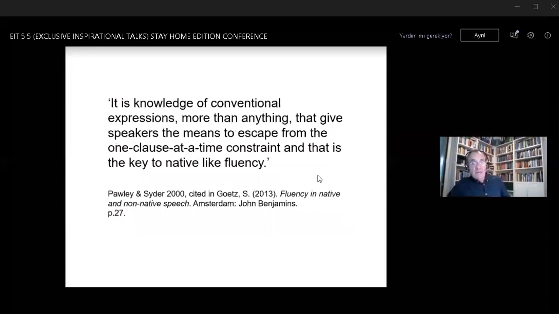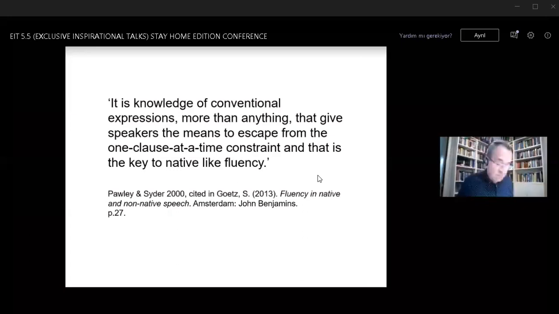So Pawley and Syder said in 2000, it is knowledge of conventional expressions more than anything that gives speakers the means to escape from the one clause at a time constraint. That is the key to native-like fluency. If you've got a memorized library, if you like, of phrases, there's less requirement to build up every utterance, word by word, clause by clause.